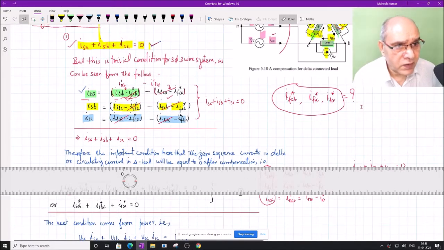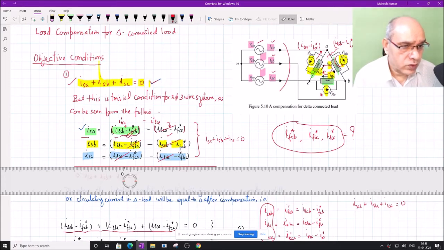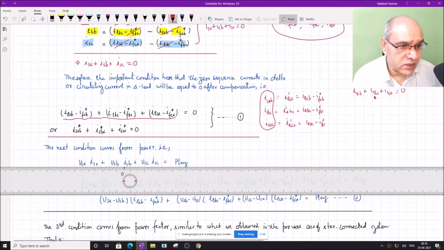So basically what we are saying, the zero sequence current flowing here must be equal to 0, and this zero sequence is nothing but 1 by 3 of ISAB plus ISBC plus ISCA must be equal to 0.